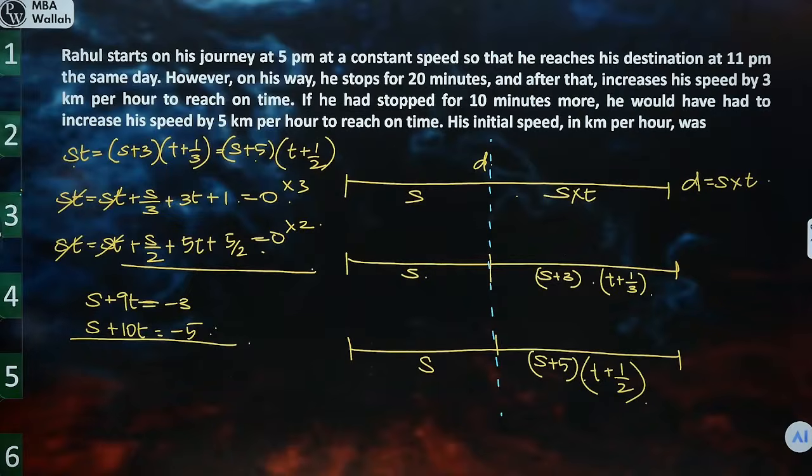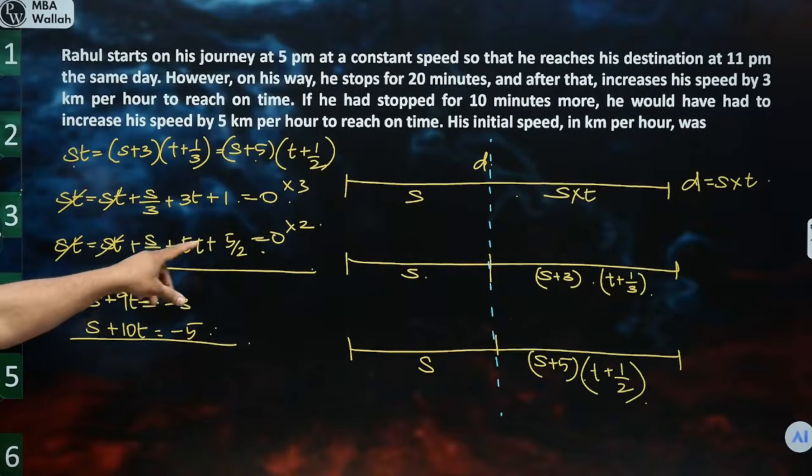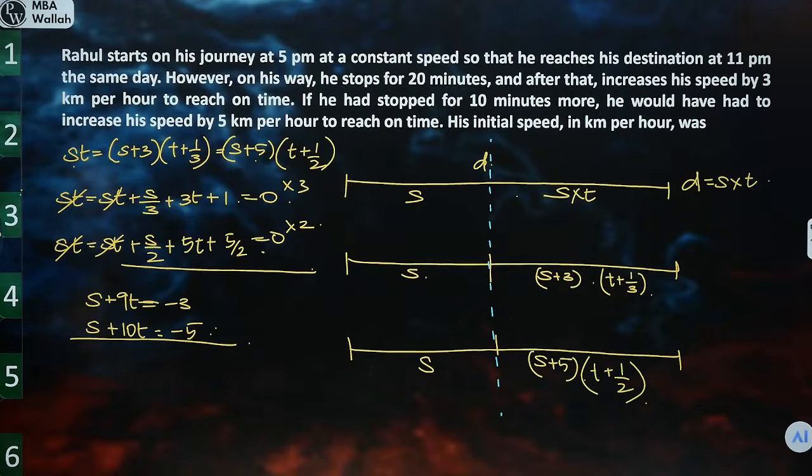Let me quickly multiply this: st plus 5t, s by 2 plus 5 by 2. Yes, correct. Multiplying this by 2, I will get s plus 20 plus 5 equal to 0, s plus 9t equal to minus 3. Or is it going wrong?